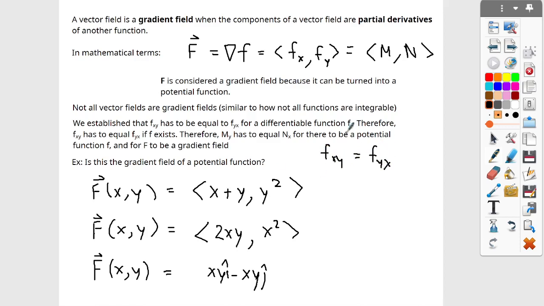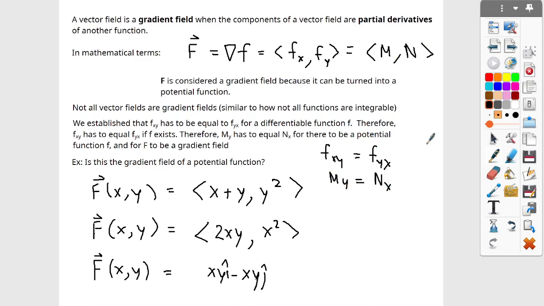That's Clairaut's theorem. That is a theorem that we have proved. Oh no, we haven't proved it, but I've shown you, and that's what we use to exploit in many of the problems that we did for chapter 14. So what does this mean? This means that if I call the components of the field m and n, which are common letters used in this case, then m sub y has to be equal to n sub x.